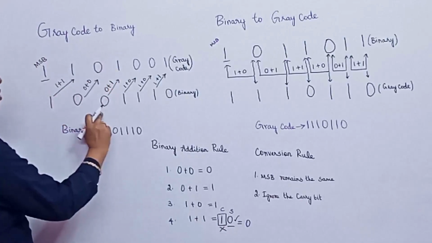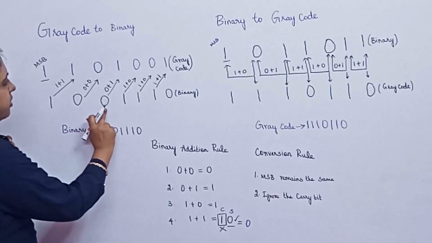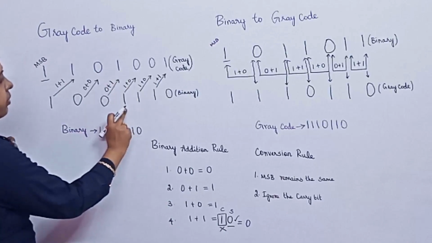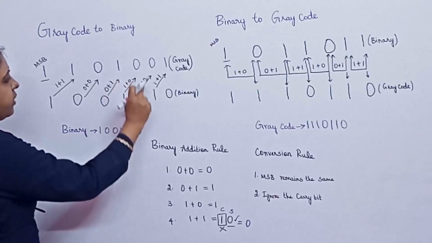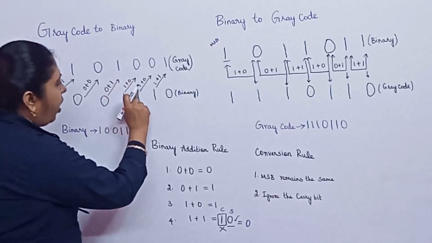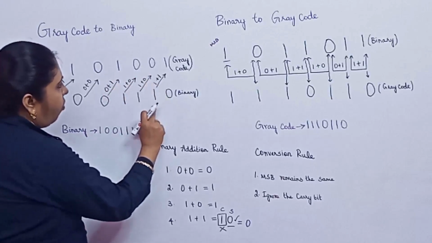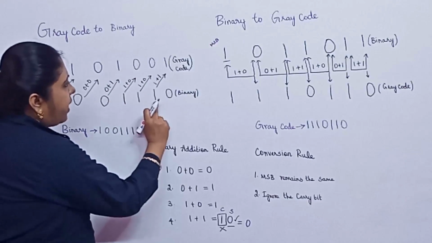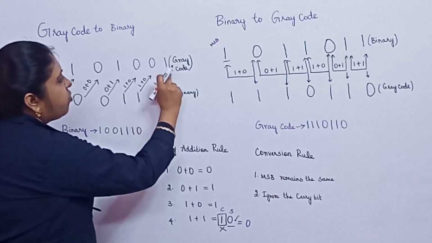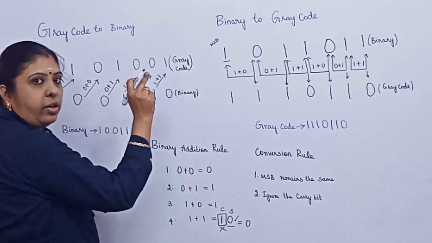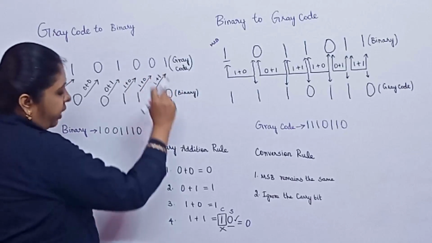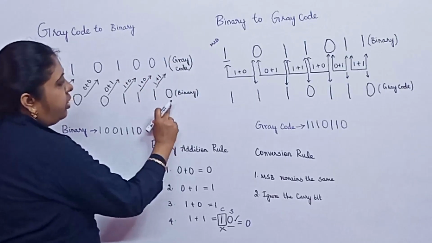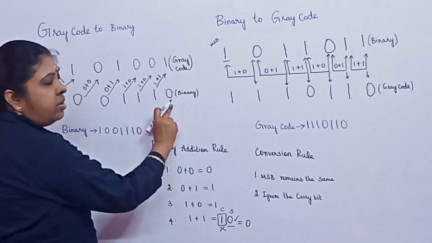Again 0 plus 0, 0. Again 0 plus 1, 1. 1 plus 0, 1. Again 1 plus 0, 1. And the last digit, 1 plus 1, gives 2. The carry bit is ignored, so the result is 0.